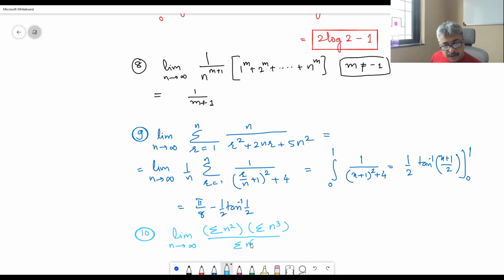I'm not sure whether this is the correct problem or not, but you are the right person to tell me whether I should put this in my notes or remove it. Let us see. Okay, ignore that problem. I will check what the source is and make it correct next time.